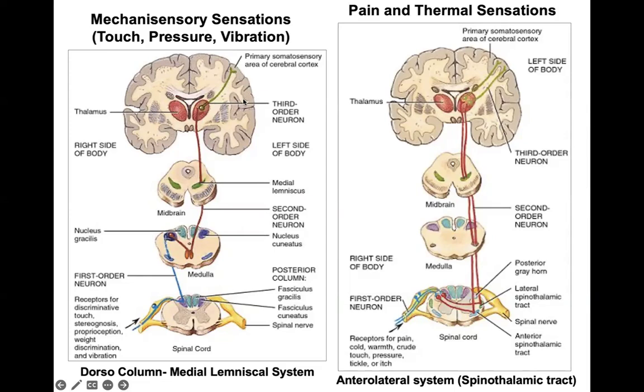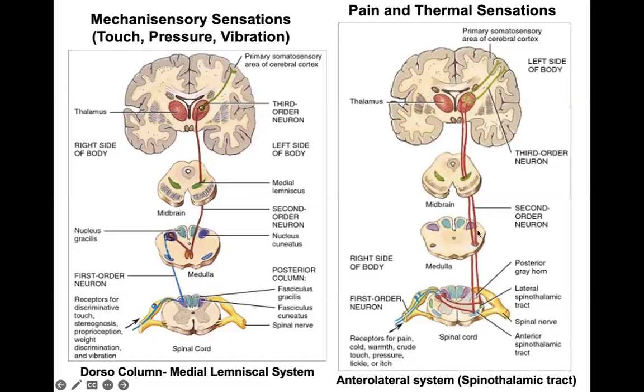Now, this first track is usually the track that delivers the feeling of touch, pressure, and vibrations. Mainly mechanosensory sensations. Anything like touch, pressure, or vibrations uses this track. Another track has a similar idea where you have one, two, three sets of neurons.